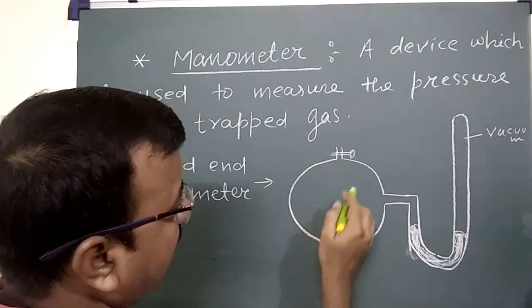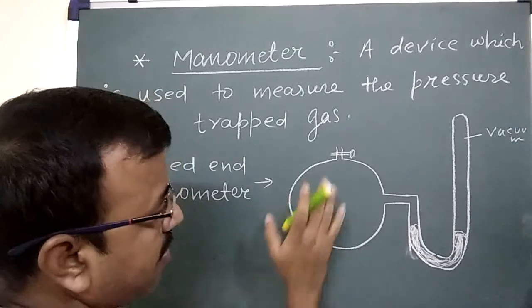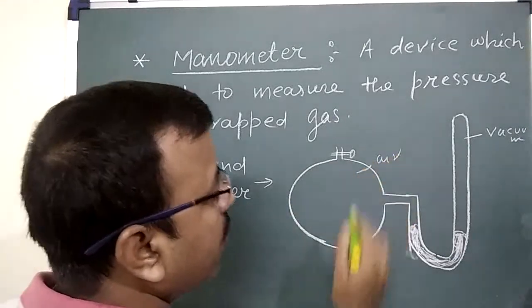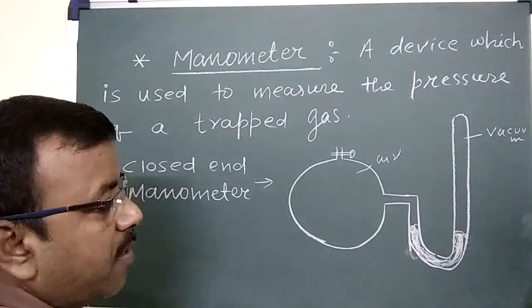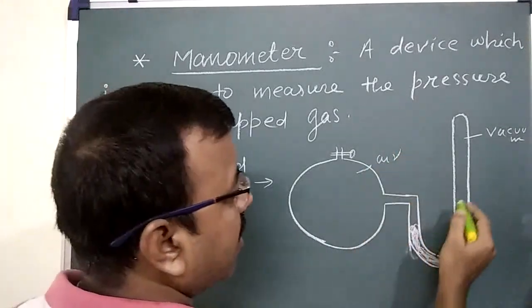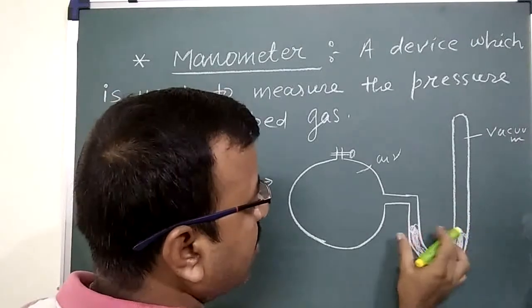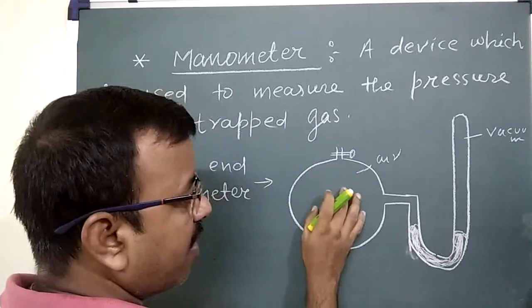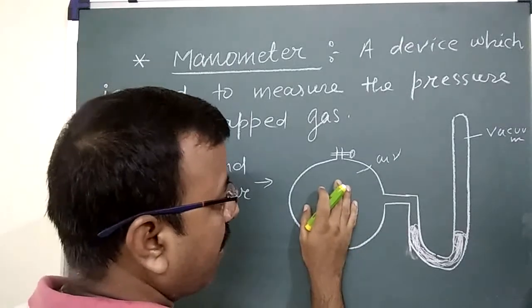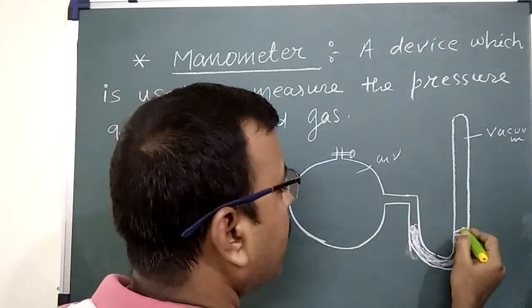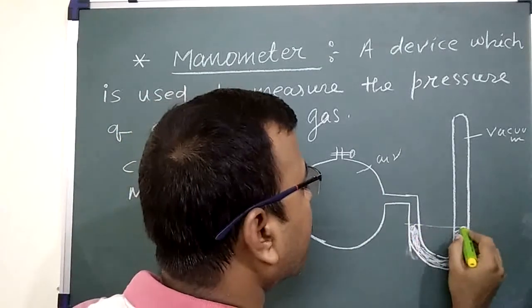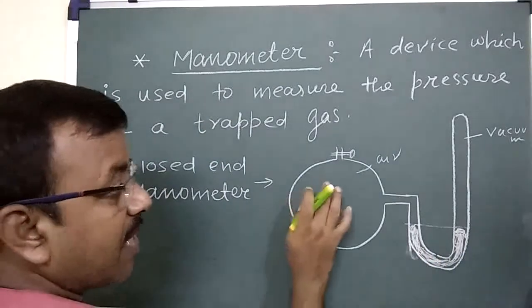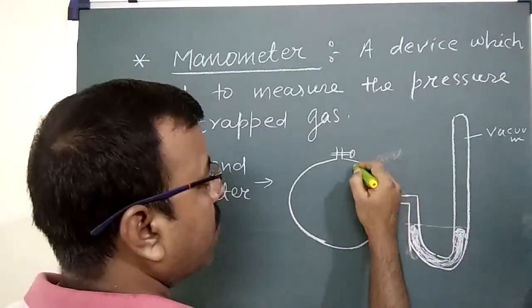Now if atmospheric gases or air is there, how will it measure the pressure? If air will be there, then this is the initial height. In absence of air, if no gas or air is there, that is in case of vacuum, the level of mercury will be equal in each of the limbs.